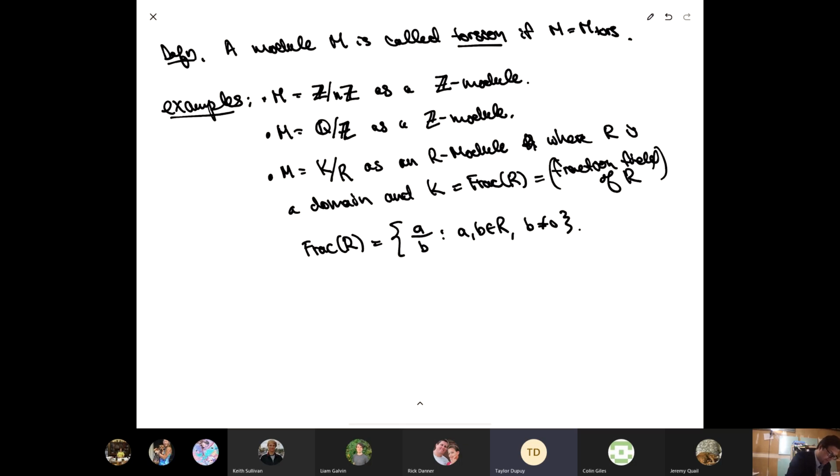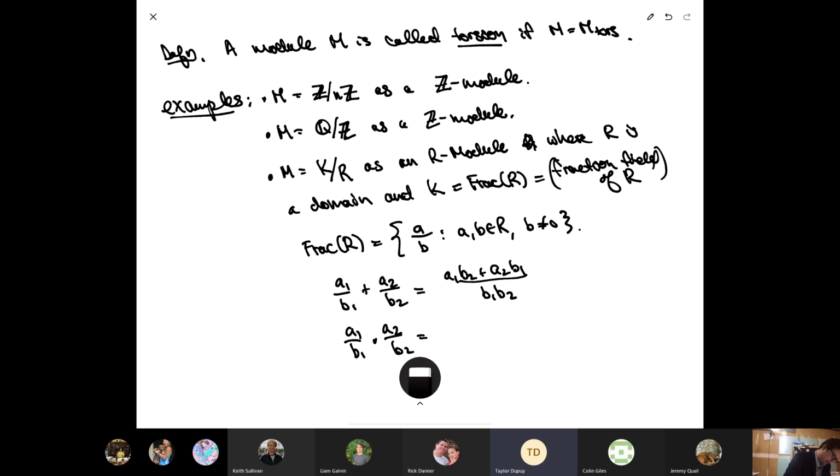The addition is a1 over b1 plus a2 over b2 equals (a1 b2 plus a2 b1) over b1 b2, and multiplication is a1 a2 over b1 b2. So this is what the fraction field is.